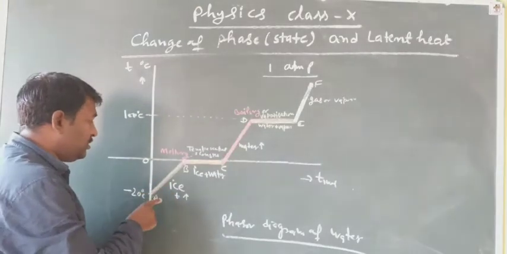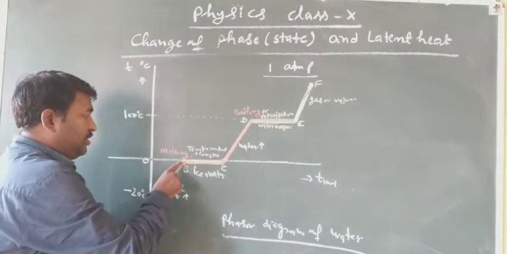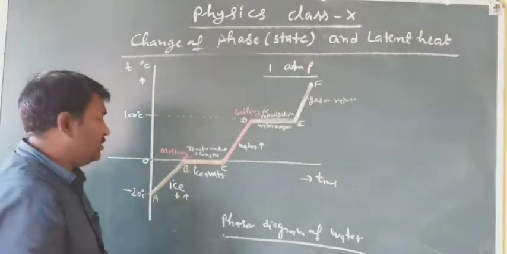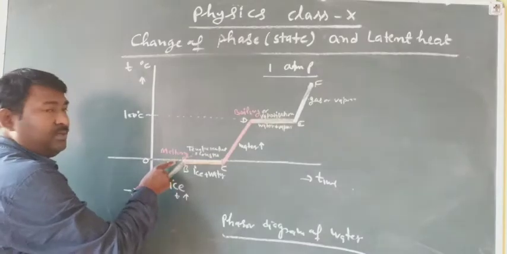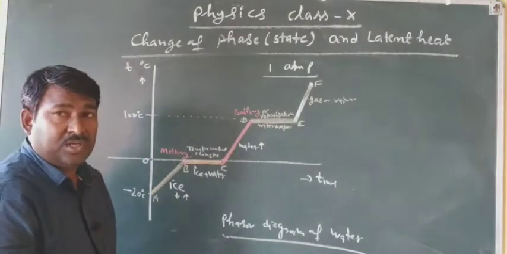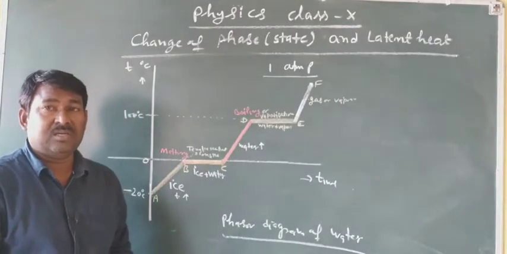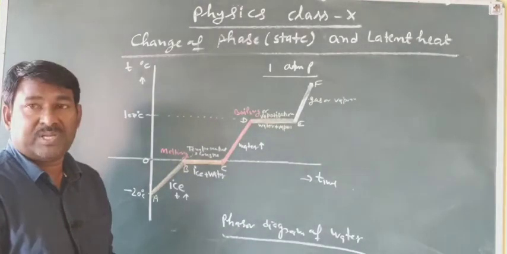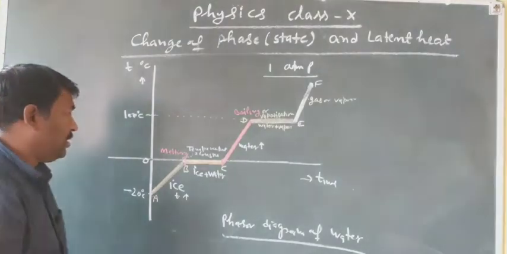Once the temperature of the ice reaches 0 degree centigrade, then melting of the ice starts, meaning 0 degree centigrade is the melting point of ice at 1 atmospheric pressure. Right.